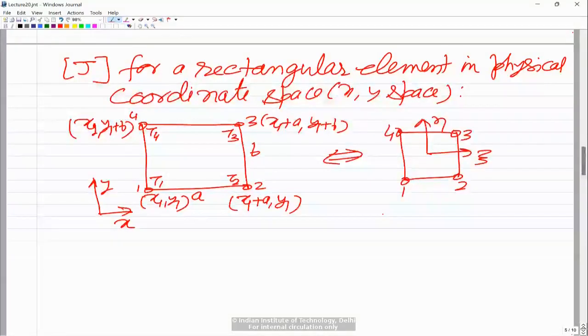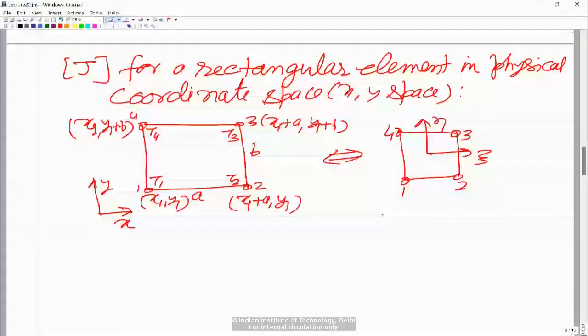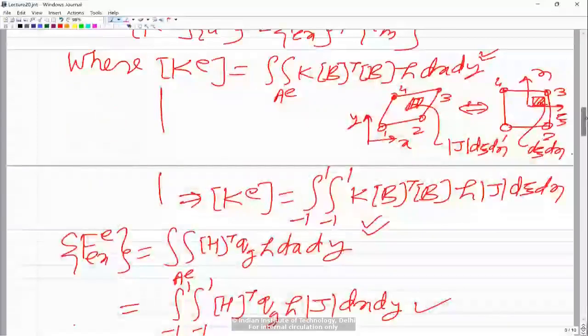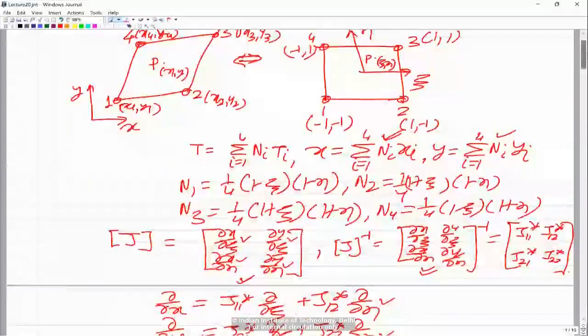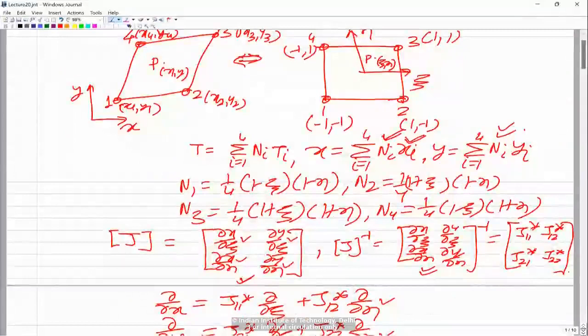Sometimes, suppose you are given a point in the xy coordinate space and you want to find the corresponding point in the xi eta coordinate space, then you will have to solve those equations. That is another point I wanted to make here. You see that x is explicitly expressed in terms of xi and eta, and y is explicitly expressed in terms of xi and eta.